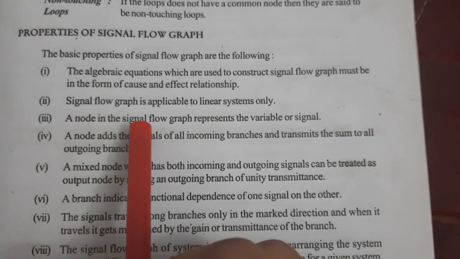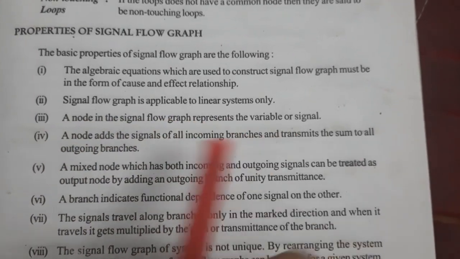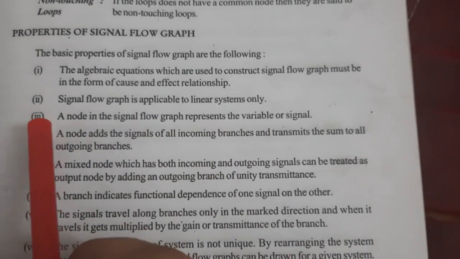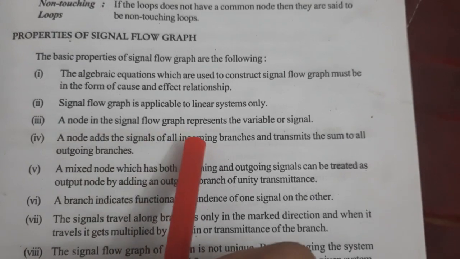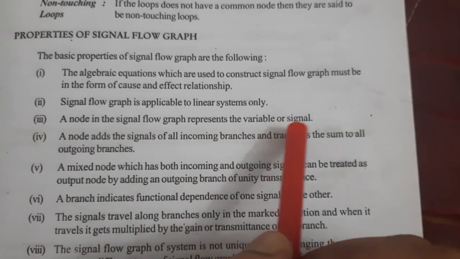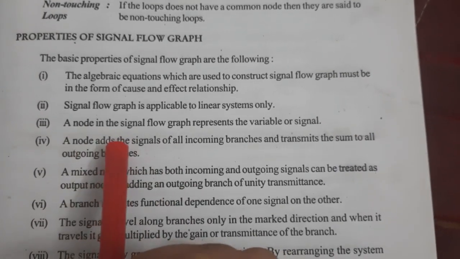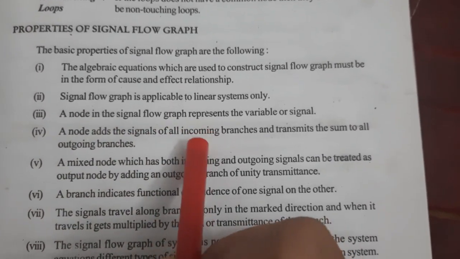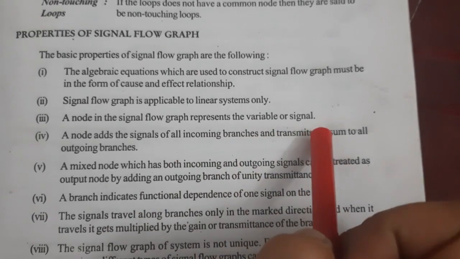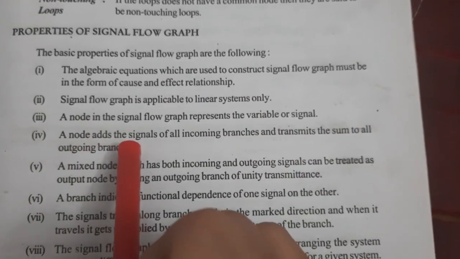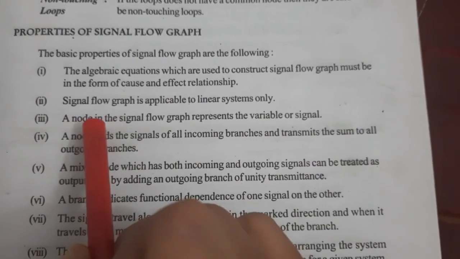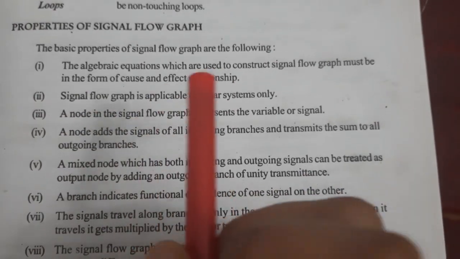A node in the signal flow graph represents the variable or signal. A node adds the signals of all incoming branches and transmits the sum to all outgoing branches.